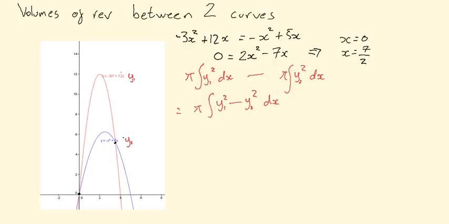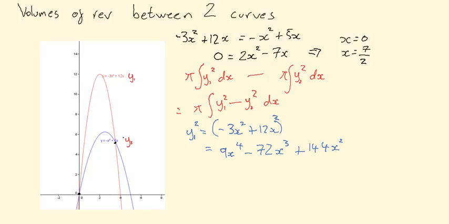So first thing we need to know is what is y1 and what is y2, or at least what they're squared. So y1 squared is going to be equal to minus 3x squared plus 12x all squared, which you can simplify out to being 9x to the 4 minus 72x cubed plus 144x squared.